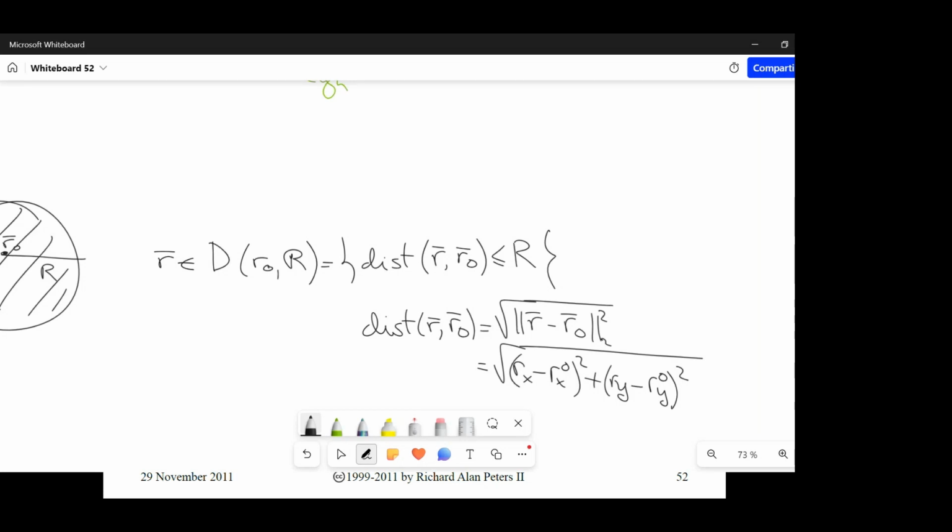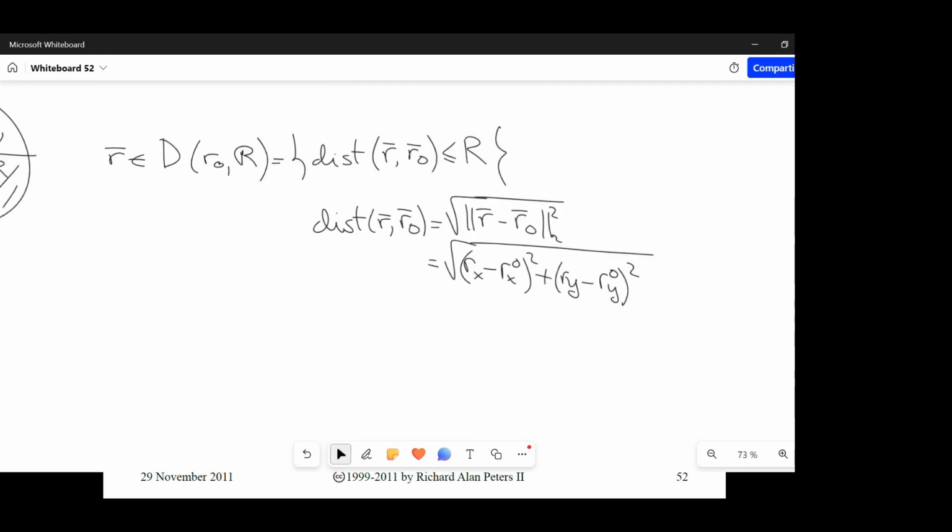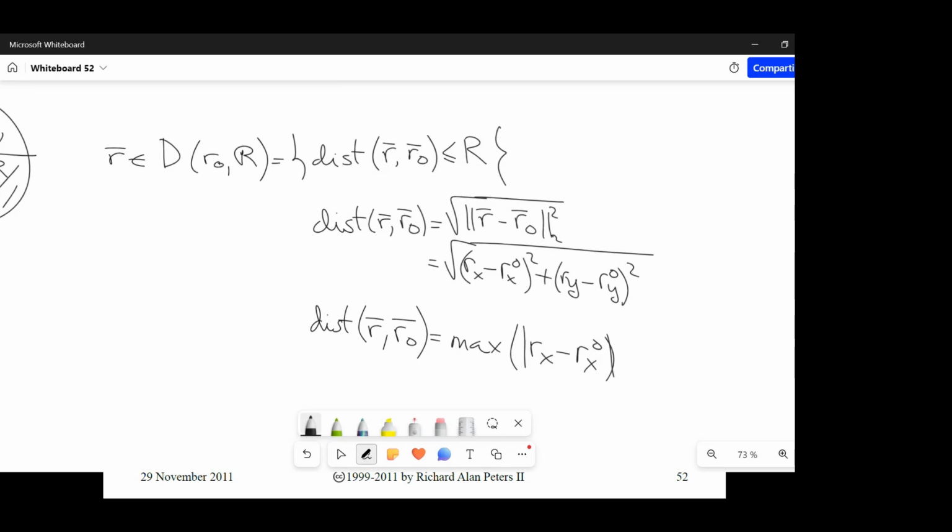Then what if my distance is defined in this way? The distance defined in this way is the maximum of the components inside. But this is another distance.